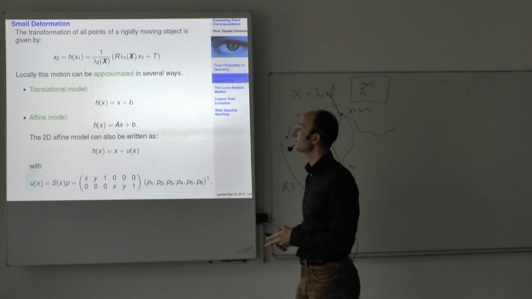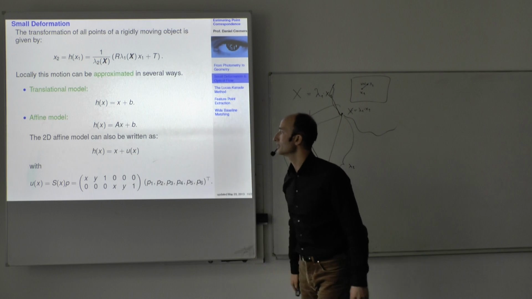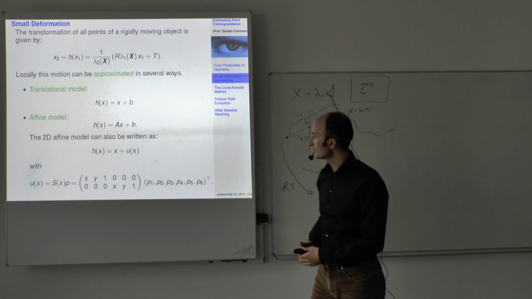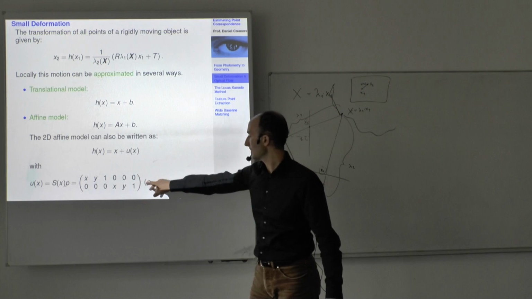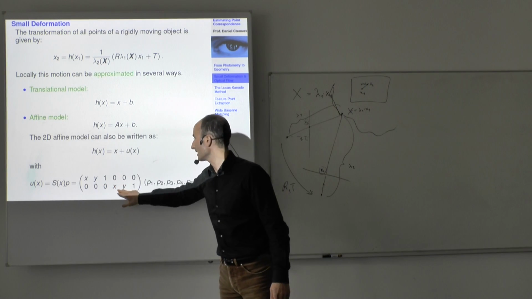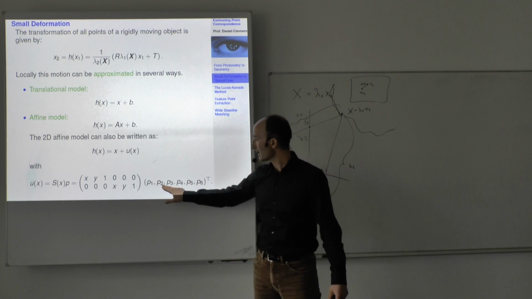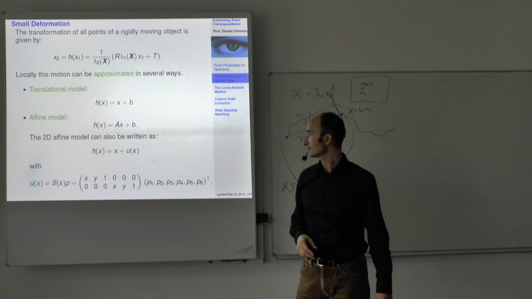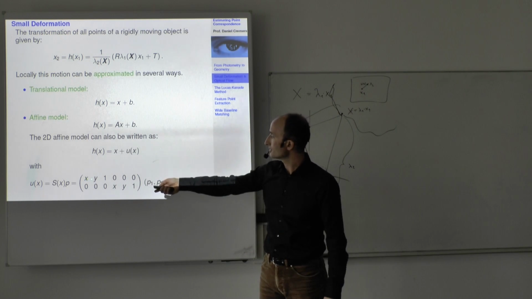And in the case of affine transformations, if I assume I have an affine transformation, then u can be written in this way. This looks a little complicated at first glance. It's a 2 by 6 matrix, x y 1, x y 1, the rest is 0. And then I multiply with some parameter vector that has 6 components, p1 through p6. Imagine you do that multiplication. You get a 2-coordinate vector.